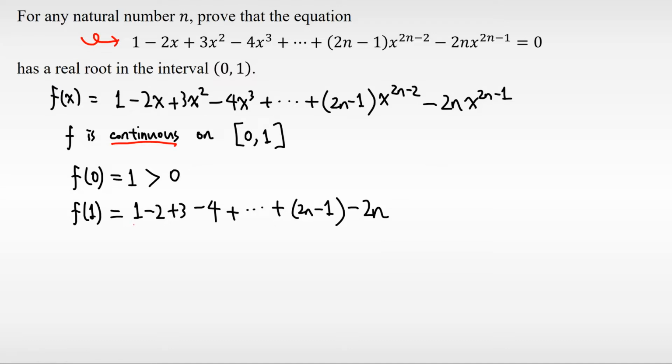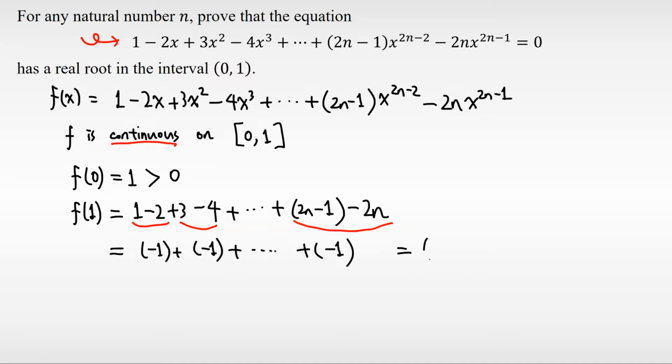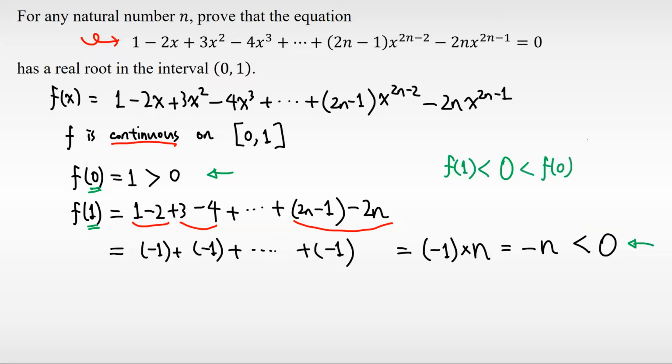We have an even number of terms, so let us group them by two terms. Then we have minus 1 here, and minus 1 here, and minus 1 here. So we have a total of n minus 1s. So this is minus n, which is a negative number. So f(0) is a positive number and f(1) is a negative number. Therefore, 0 is a number between f(0) and f(1). More specifically, it is greater than f(1) and less than f(0).